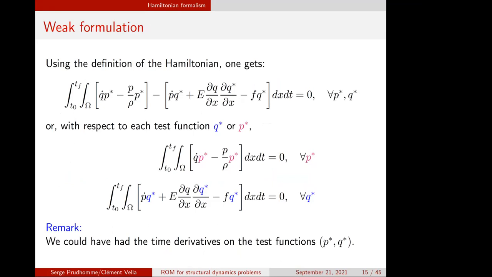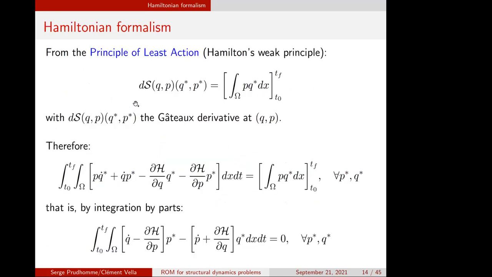When I use the definition of the Hamiltonian that I gave before, these are of course the two equations that we obtain, and we now find that this is going to be dH dP, and here we are going to have dH dQ.